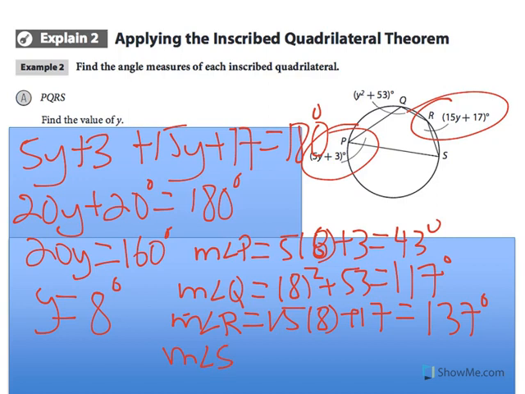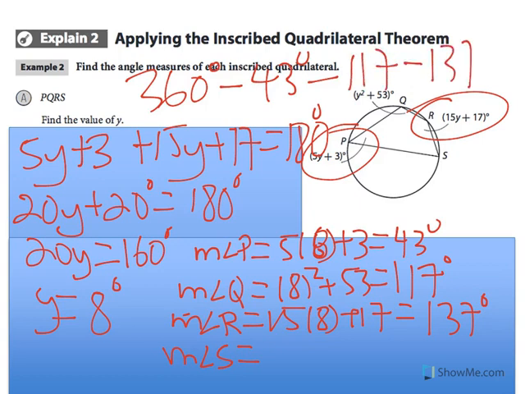And angle S: we know all three other angles, so S is 360 degrees minus 43 minus 117 minus 137, so S is 63 degrees.